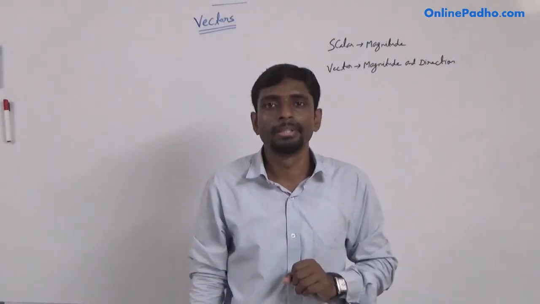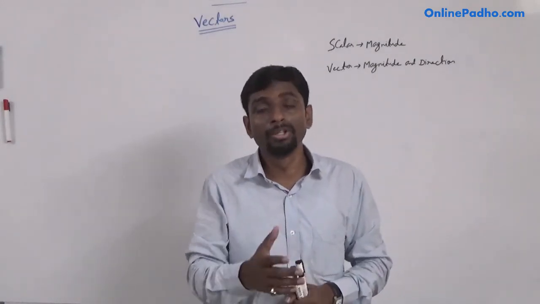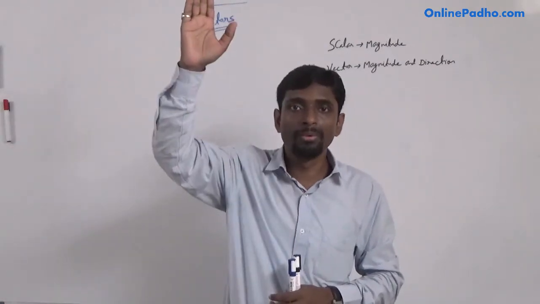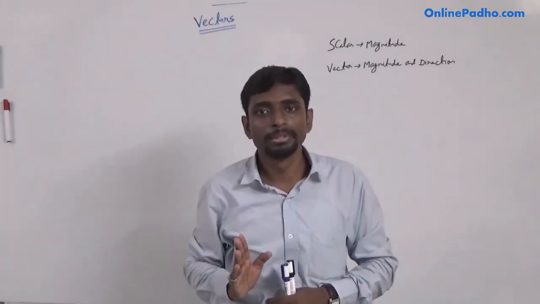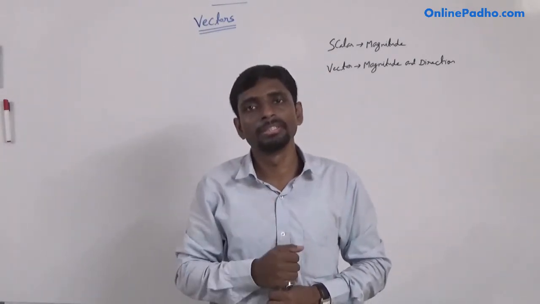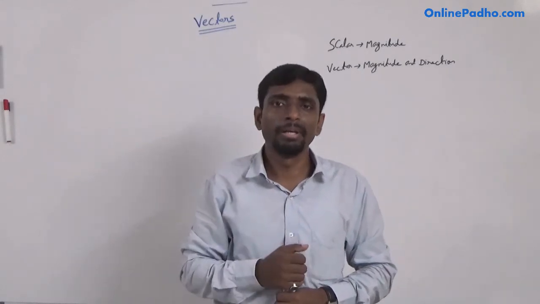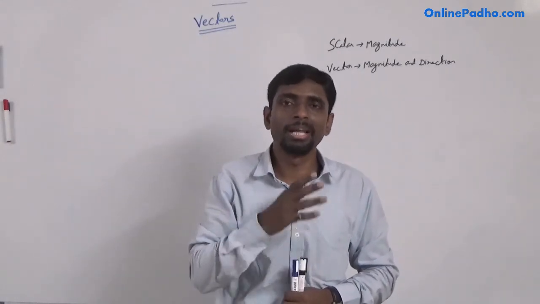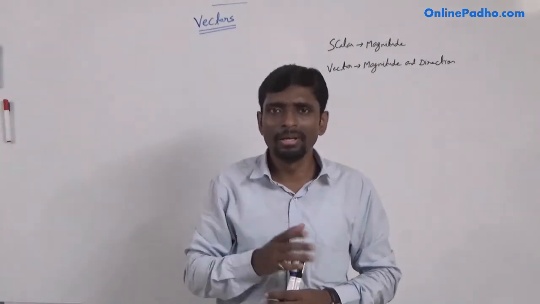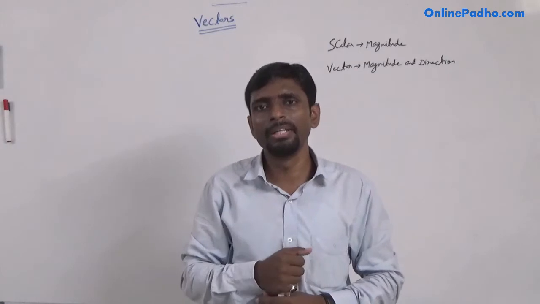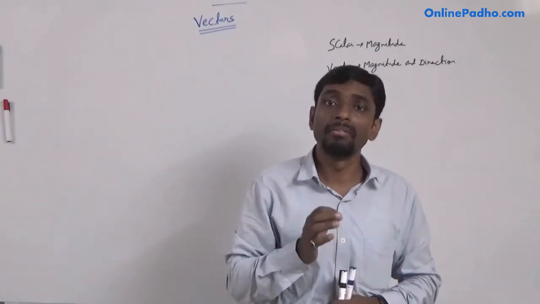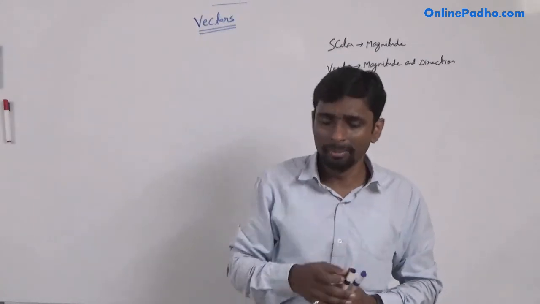But if I say velocity, a rocket launched at the velocity of 200 km per hour, direction is defined here. So velocity is a vector quantity, but speed is a scalar quantity, right? So now we can say that a physical quantity which includes both magnitude and direction is called the vector quantity.